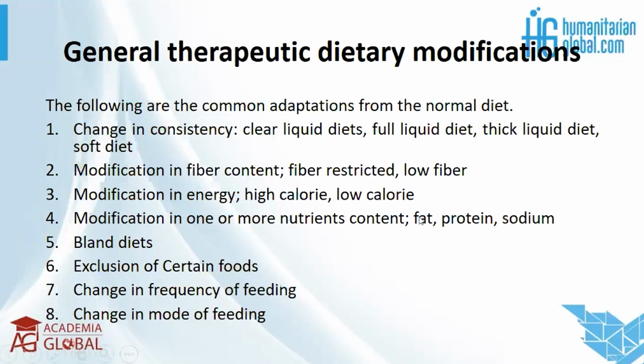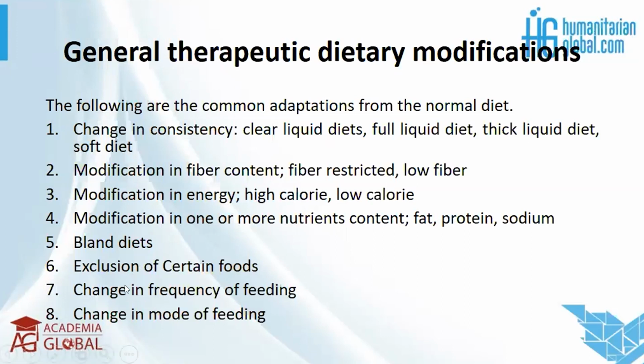Actually, we usually have a low fat diet. We could have a low protein diet, a high protein diet, sodium restricted diets. All those we are going to look in details. We could also modify a diet to be a bland diet. We'll also see what that is. We could also exclude certain foods, especially when somebody has allergies.